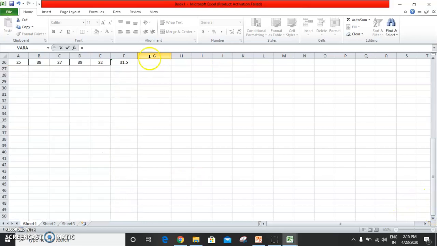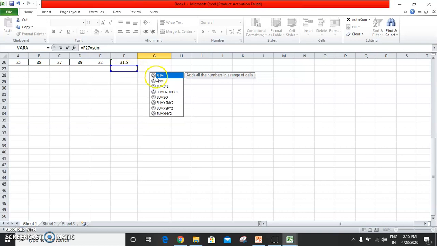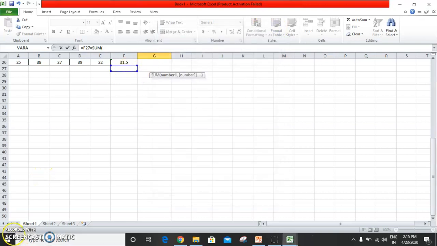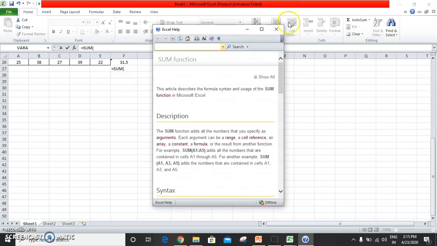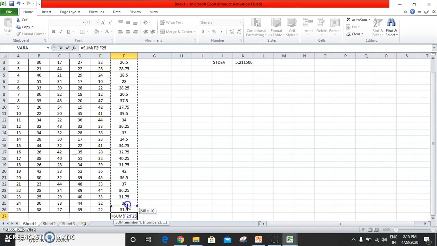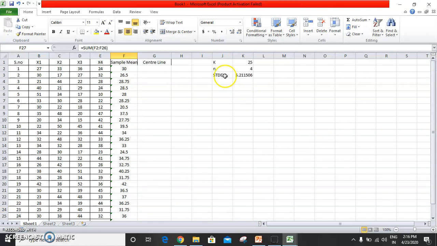First of all we need to find out the sum of these observations. So this is the sum of the values of all the sample means.